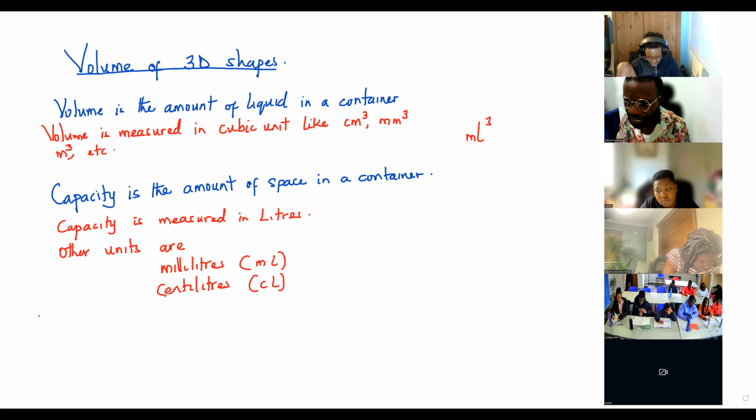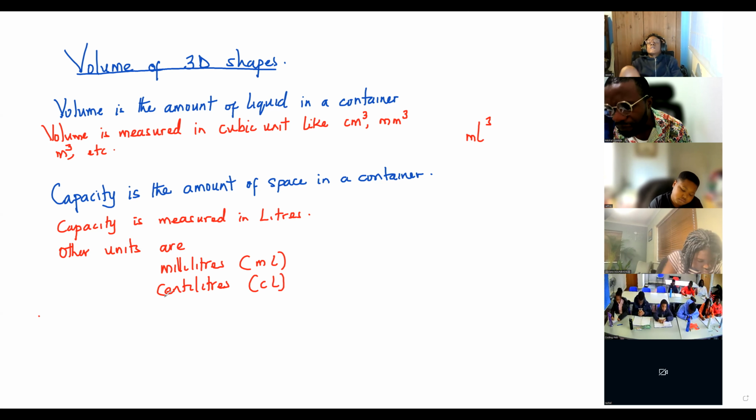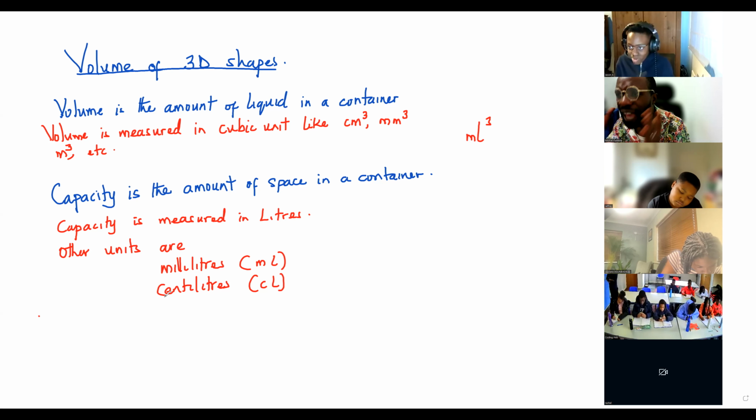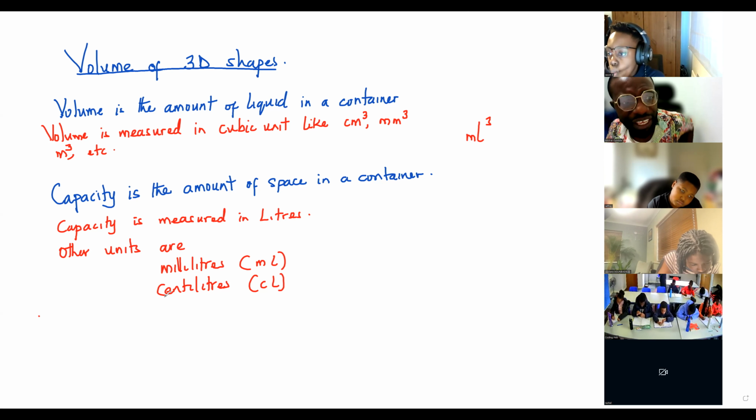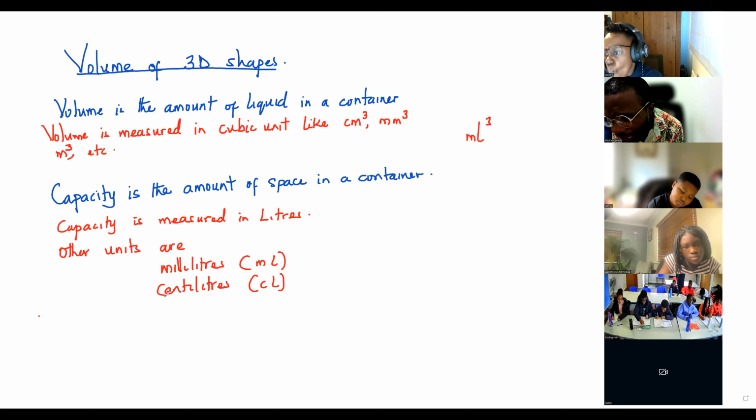Okay, exactly the point I'm making is that Jesse's bottle has a capacity of 500 milliliters. It doesn't matter if any liquid is inside or not, because capacity is simply the amount of space. Do you see that now?